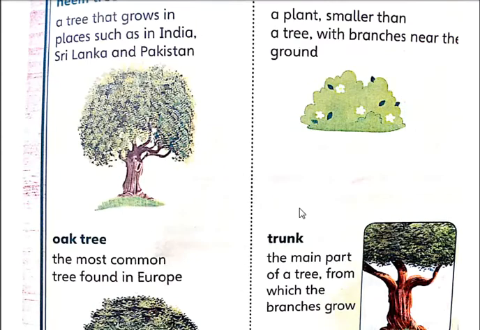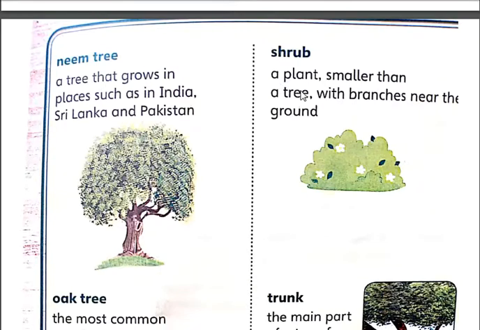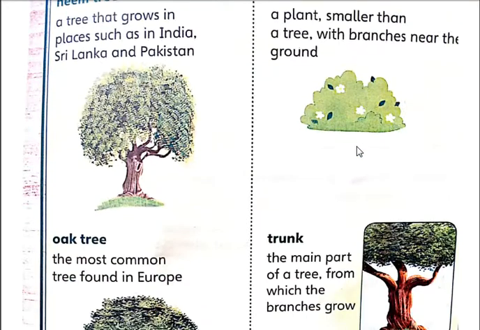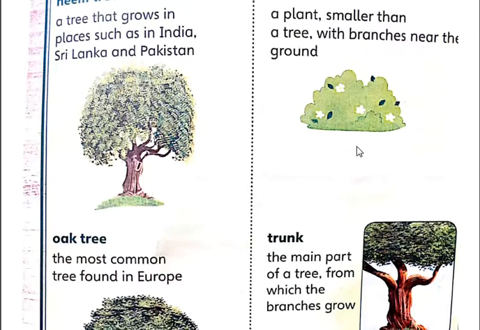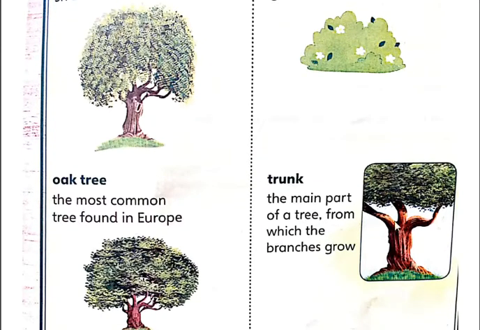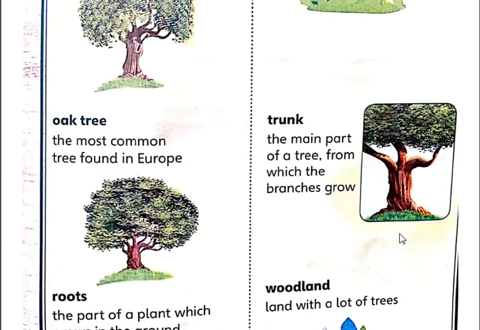The next word tells us what is a shrub. A plant smaller than a tree with branches near the ground. It looks like a bush, and so on. Trunk. What is the trunk? It's the main part of a tree from which the branches grow.